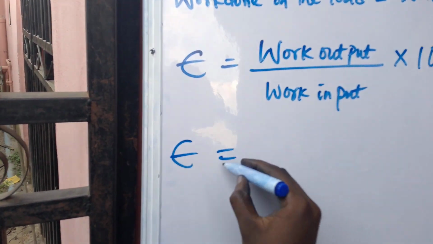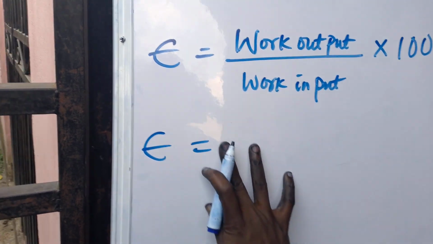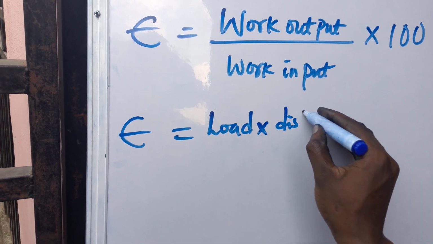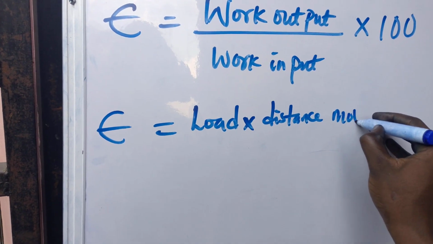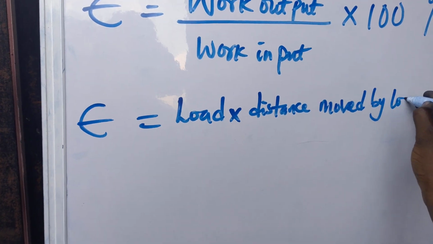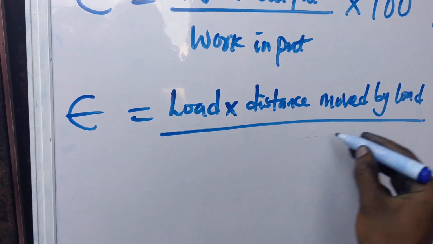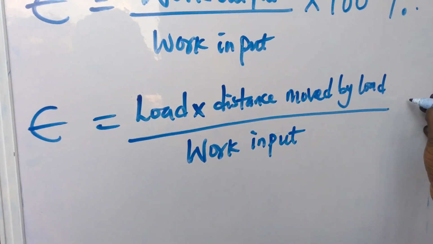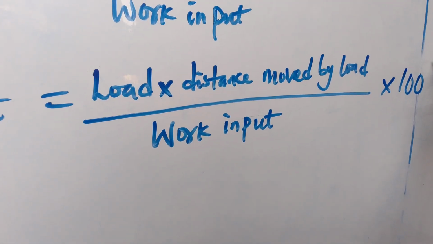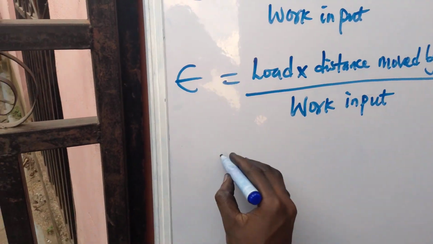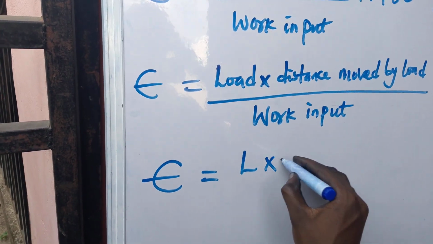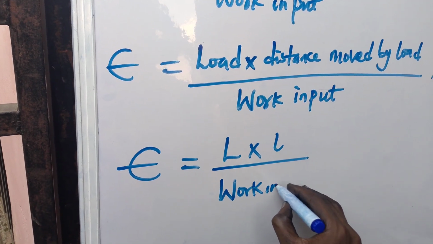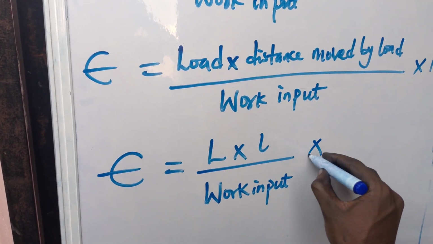So efficiency now will be equal to the work output, which is load times distance moved by load, over the work input, which is unknown, it's what you're looking for, times 100. So efficiency is equal to load times small l over the work input times 100.